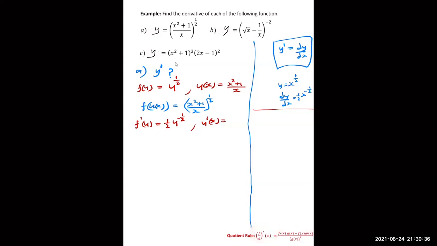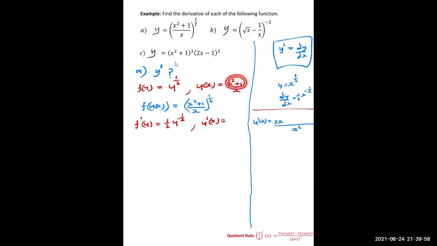Well, this is the quotient rule. We have f over g. I will view this as my g of x. This is my f of x. Then g of x squared should be in the bottom, that is x squared. And then f prime of x times g of x. f prime of x means the derivative of the top function.